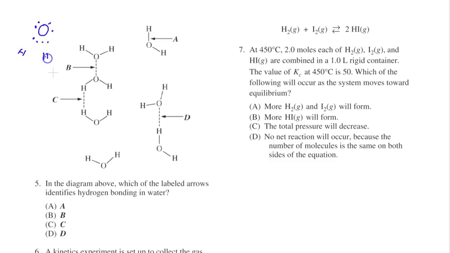Because of the nature of oxygen being very electronegative and also very small, it's able to pull this pair of electrons between the hydrogen and oxygen in the covalent bond very, very close to the oxygen.